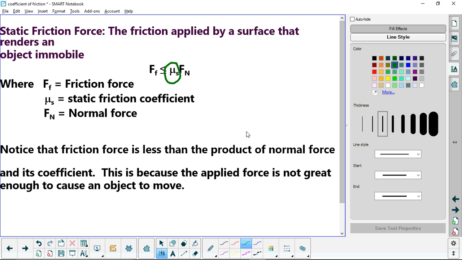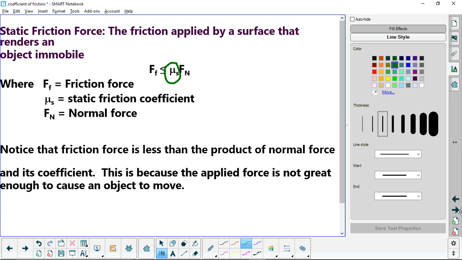So also notice with static friction that the frictional force is less than or equal to this product of the coefficient of friction times the normal force. That's because the frictional force can be less than or equal to this value before the object begins to move. So whenever you've got static friction, the value that you use is less than or equal to.